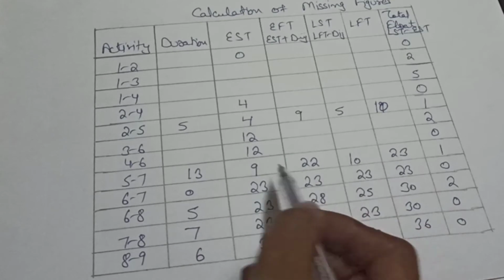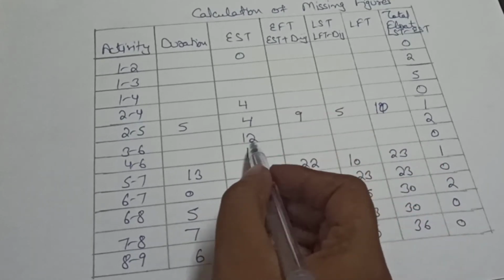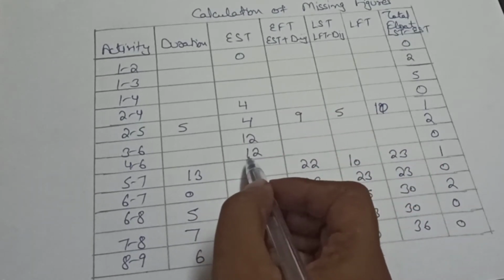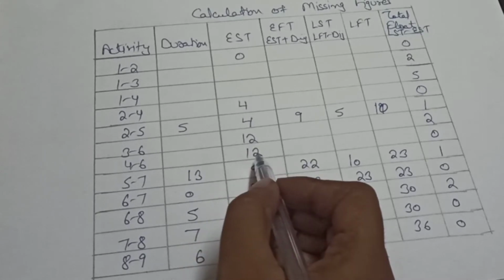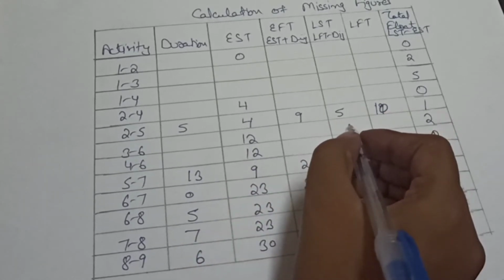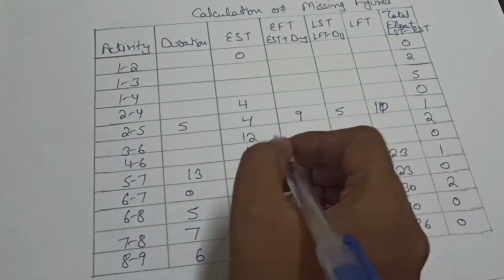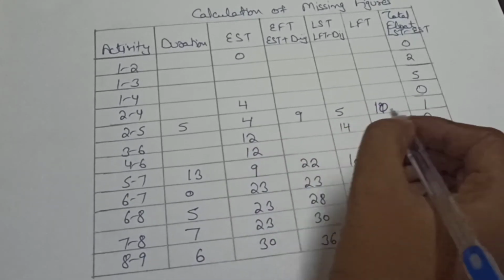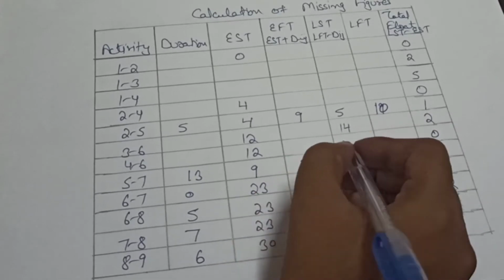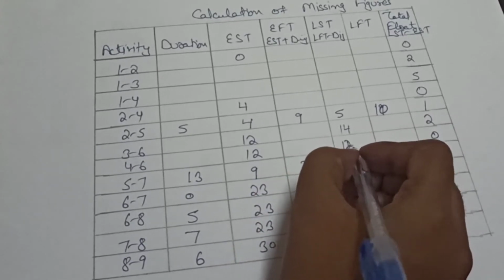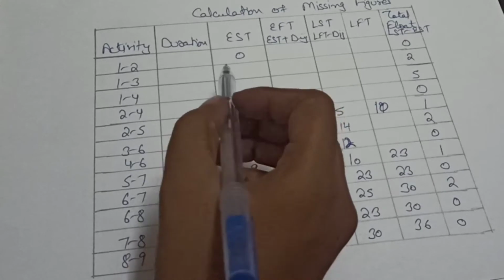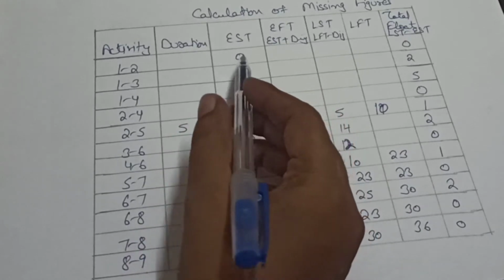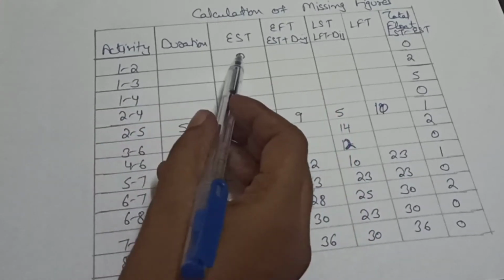We will calculate values in this chart as EST is equal to 12 for these two activities. So we will write LST here because LST is equal to EST plus TF. So here we can also write 12. Now we will calculate these values as EST for the 1 to 2 activity is 0.